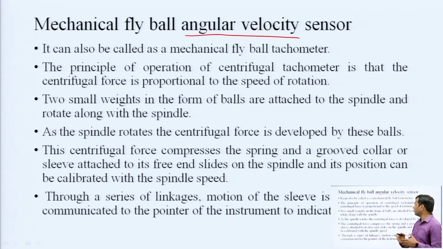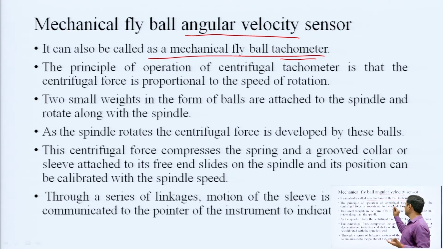It can also be called a mechanical fly ball tachometer, because we are measuring the angular speed, and the instrument that measures angular speed is called a tachometer. The basic principle of operation of the mechanical fly ball angular velocity sensor is the centrifugal force.